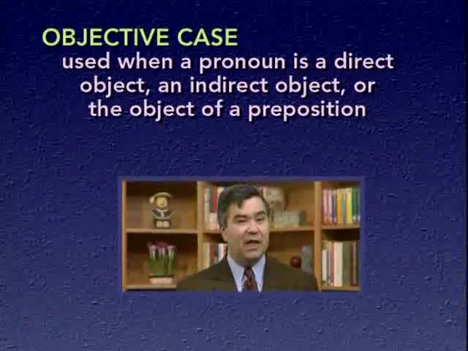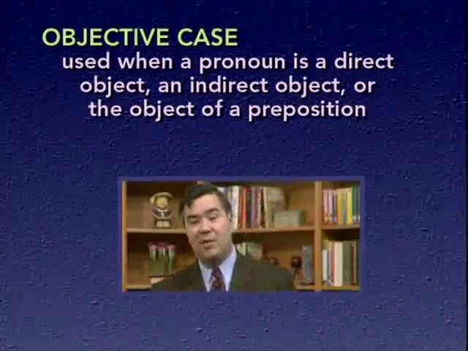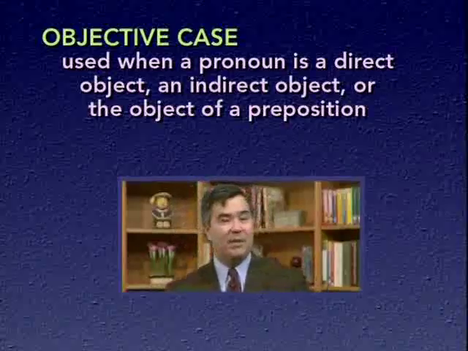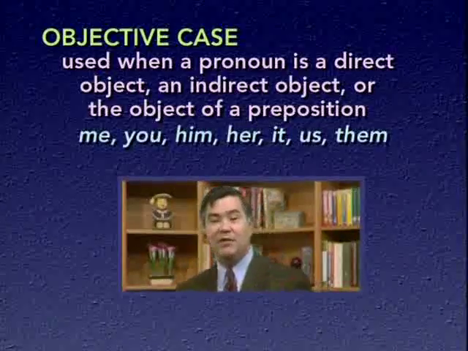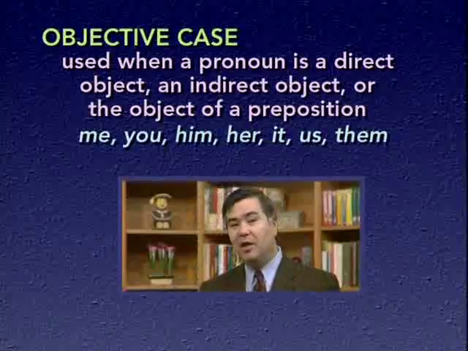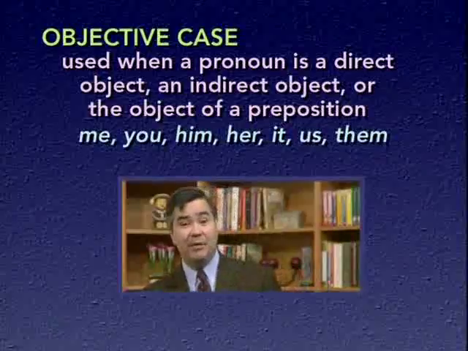So the objective case is used in these three circumstances: when the pronoun is a direct object, an indirect object, or the object of a preposition. Now, here are the personal pronouns which are in the objective case: me, you, him, her, it, us, and them.